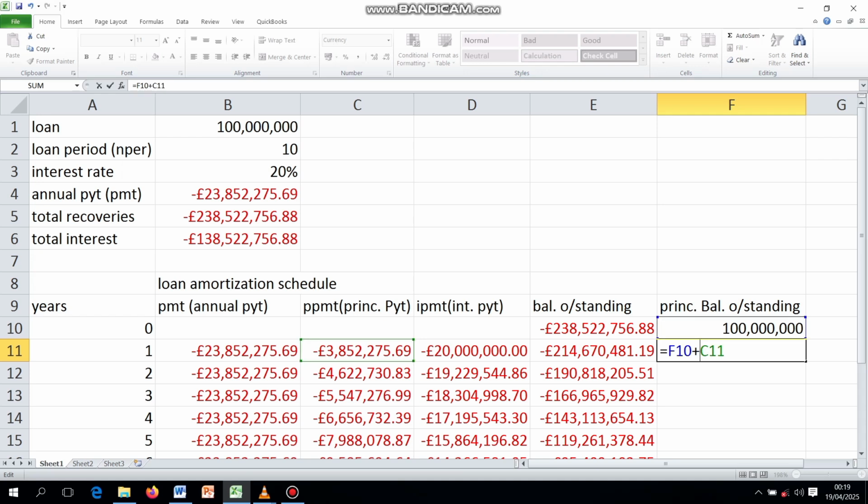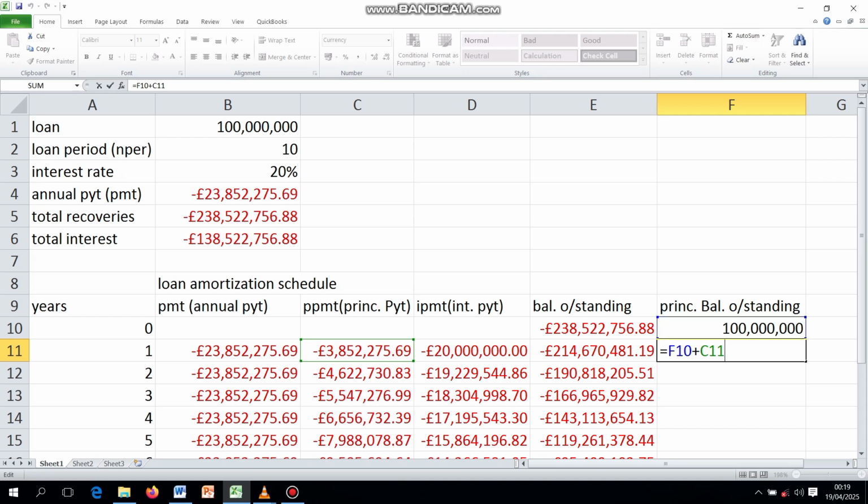Sorry for this interruption, I just misplaced it, but as you see in the formula, I'm using a plus sign. I'm adding this principal payment for the first year to the initial principal balance, which is 100 million.